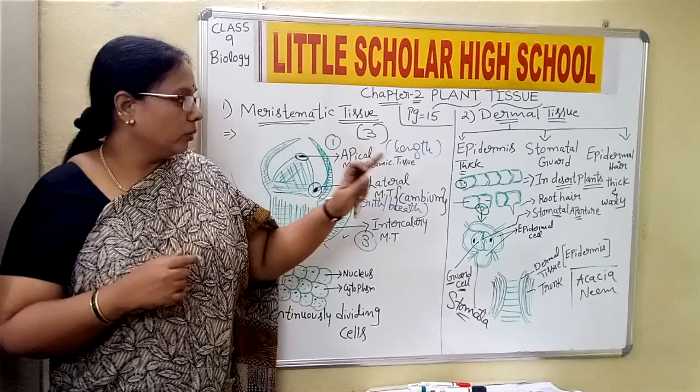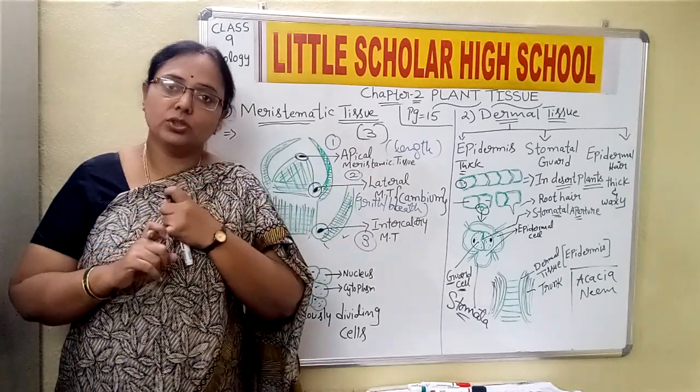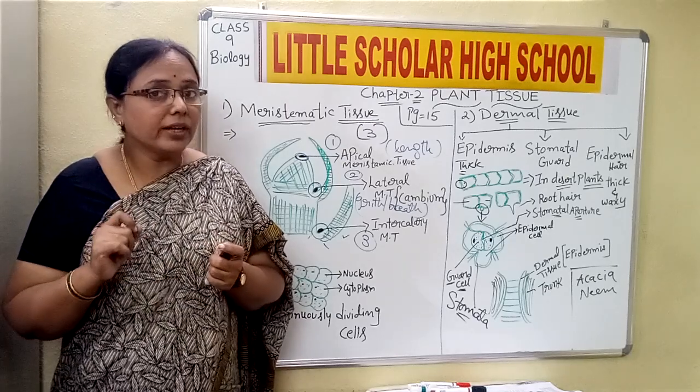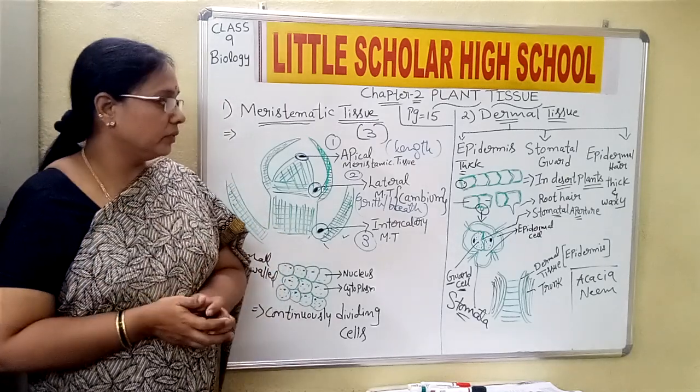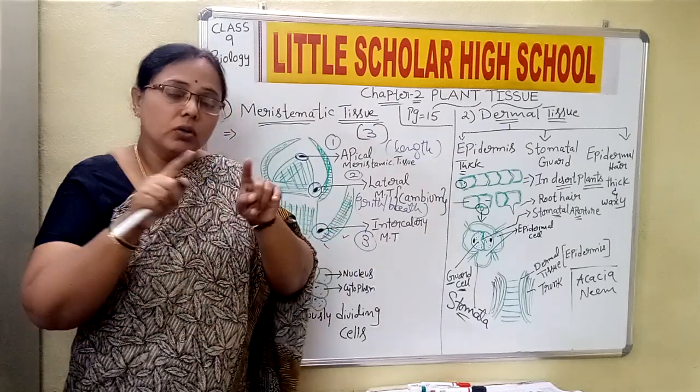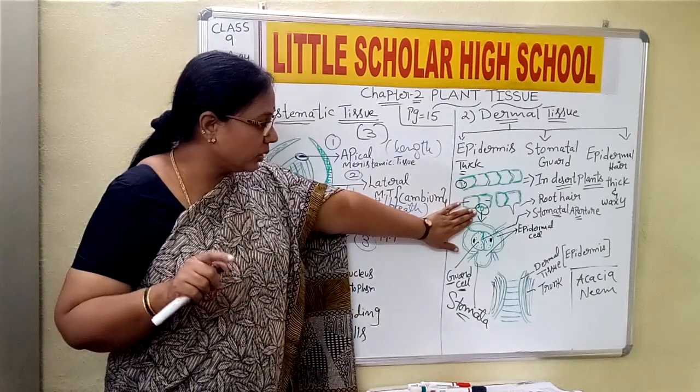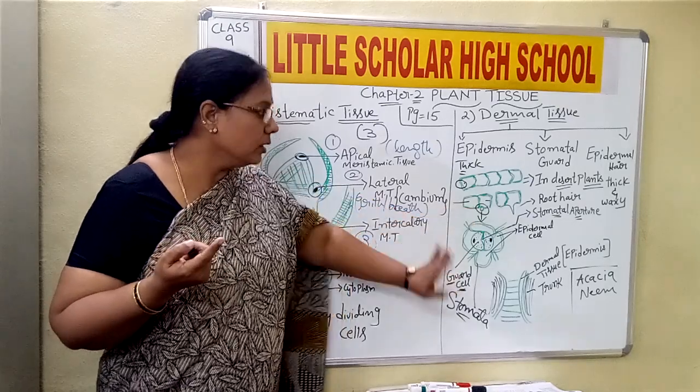So the stomata helps in the exchange of gases and even transpiration. And where do we find this stomata? We find it on the epidermal cells only, which we refer to as small pores.